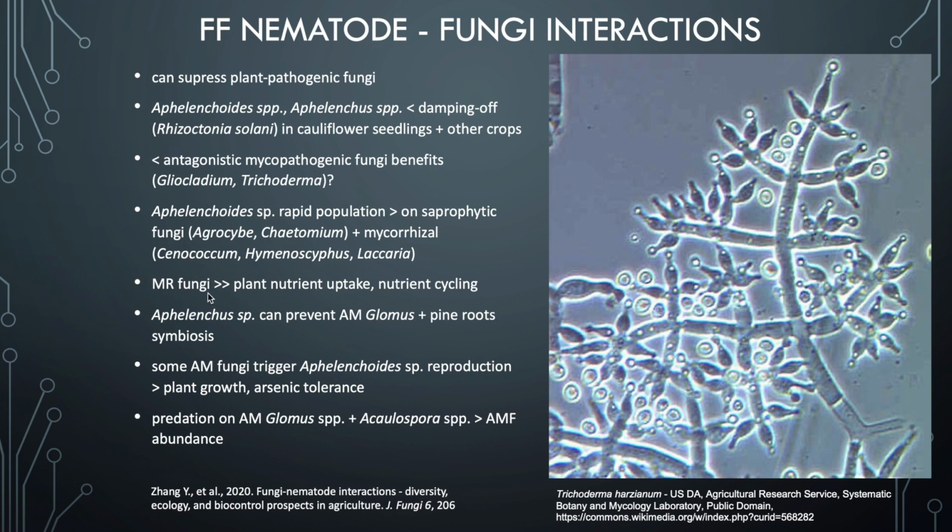Aphelenchus species can prevent arbuscular mycorrhizal Glomus species and pine root symbiosis, and this is a really interesting and heavily studied interaction, because pine roots depend on the Glomus species to feed the pine trees, particularly in monoculture situations, and particularly where the pine forest is being farmed, basically, as in the plantation situation, and usually these trees have been introduced into an environment.